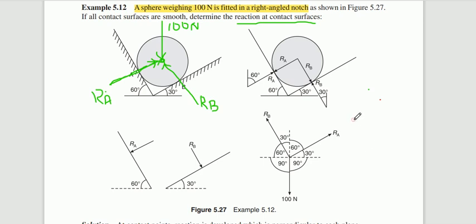Any plane which makes an angle theta with respect to the x-axis, consider plane AB making an angle theta with the x-axis. Then the perpendicular drawn to that plane makes the same angle theta with respect to the y-axis.